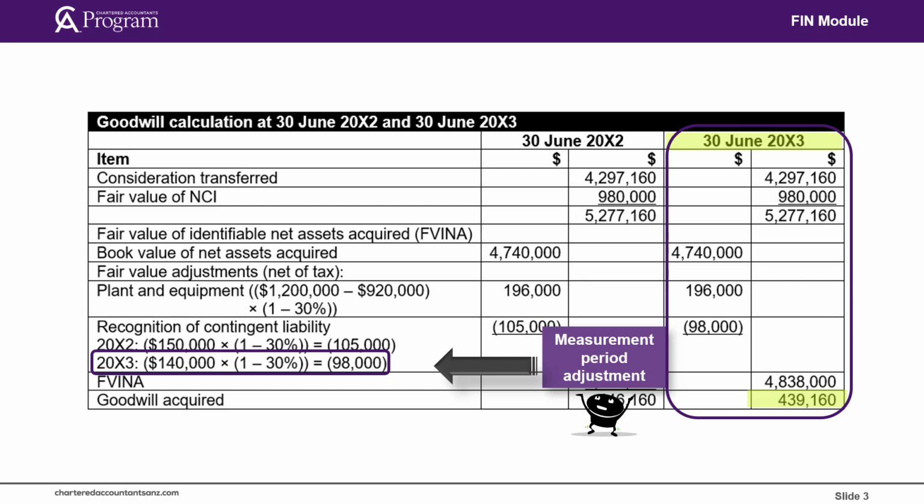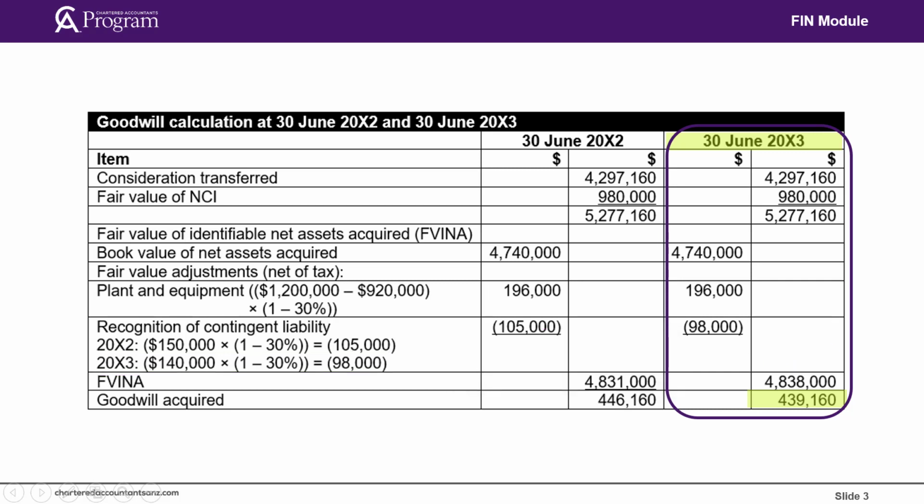However, there was a measurement period adjustment, as the settlement of the lawsuit resulted in new information. This means that the 20x3 goodwill calculation adjusts for the $140,000 settlement of the contingent liability, and this results in an after-tax decrease of $98,000.